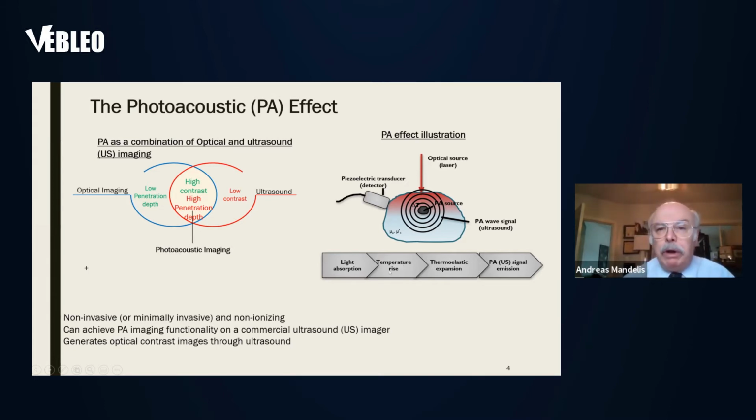So I have a temperature rise. Once the temperature rises, the material undergoes thermoelastic expansion, which in turn generates ultrasonic waves. And those ultrasonic waves are monitored by a piezoelectric transducer detector. So what I'm showing here in this cartoon is basically the functionality of the photoacoustic effect.